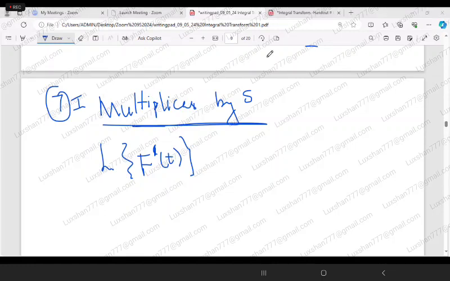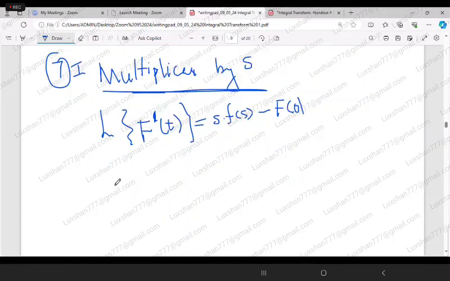Yeah, good. That is s into F(s) minus F(0). You have to be careful, minus capital F(0).